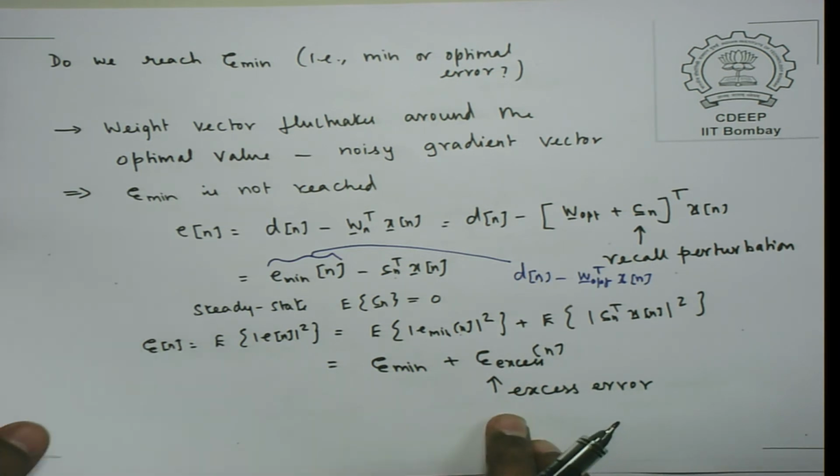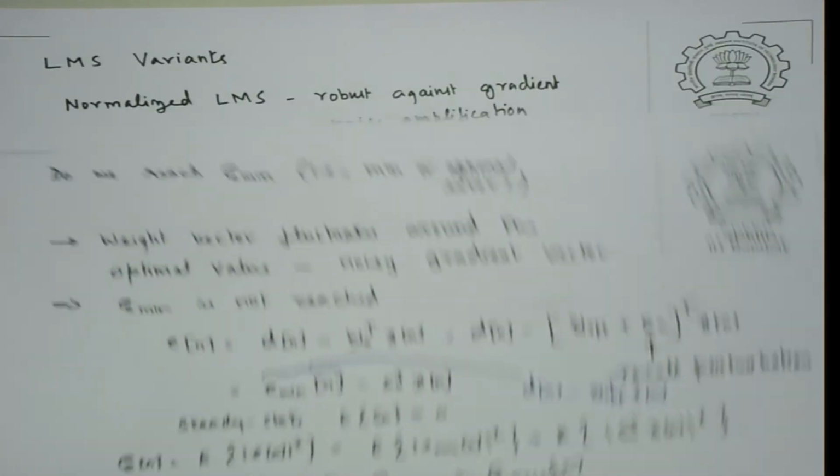It is always good to relate this to the error surface which I showed in the beginning, because that gives you intuition about your choice of mu and how it controls the error behavior.